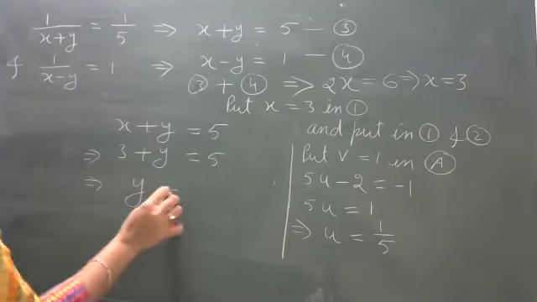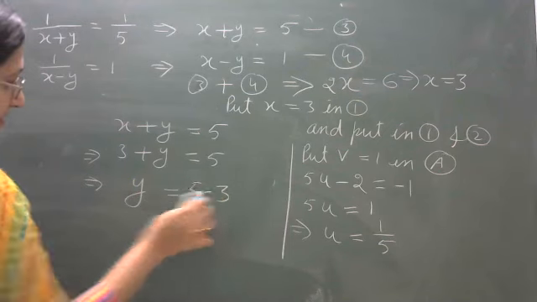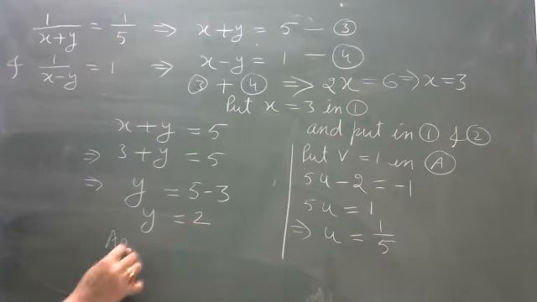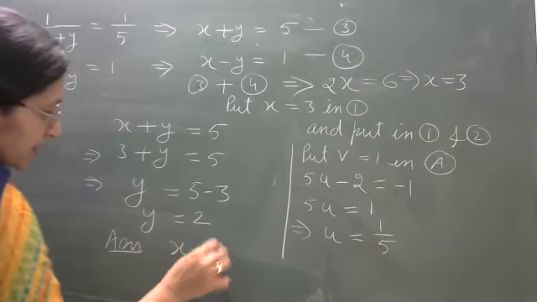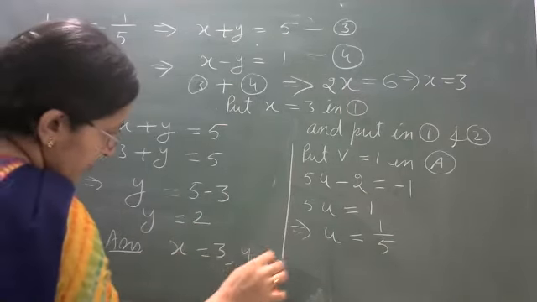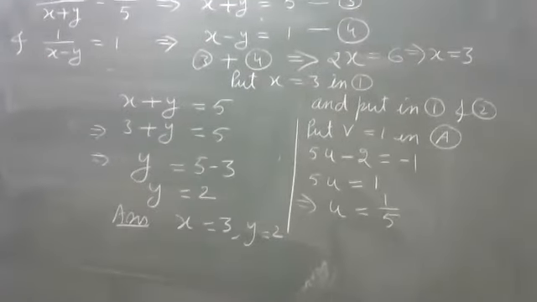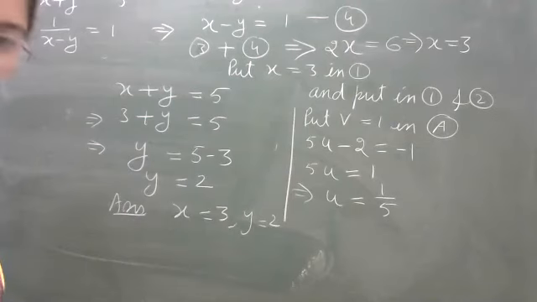Which implies y is equal to 5 minus 3. So y is equal to 2. So what is your answer? x is equal to 3 and y is equal to 2. So many students are giving right answers.